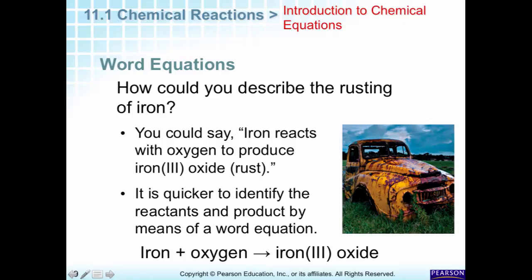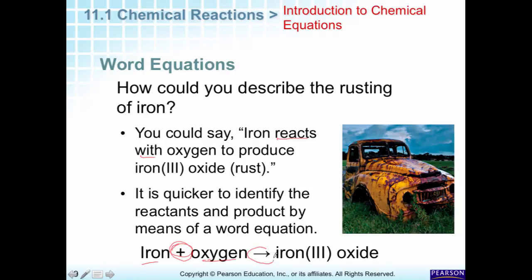So we have iron, and we have oxygen, and we're adding them together, so we put a plus sign. We can say iron and oxygen, or we can say iron reacts with oxygen. So this plus sign means this whole part of the sentence up here, reacts with.